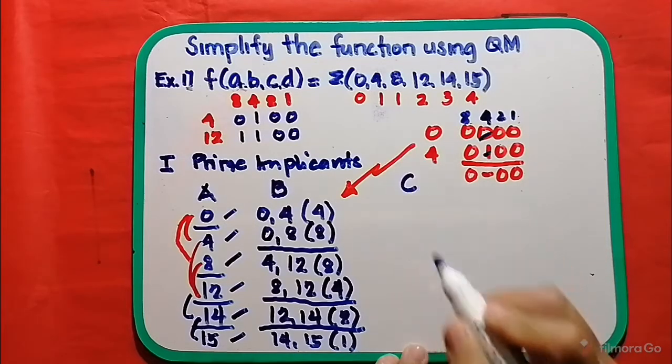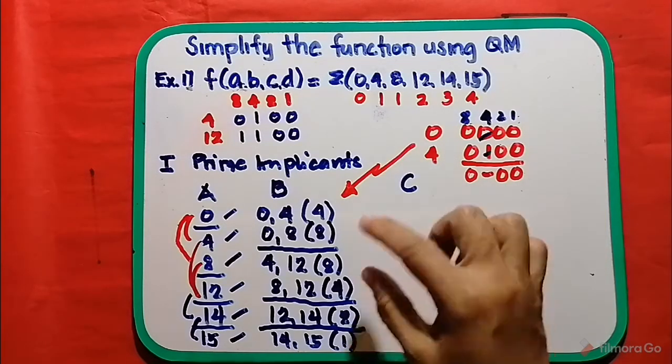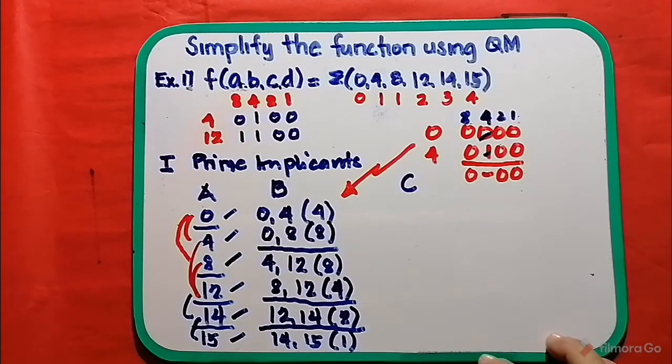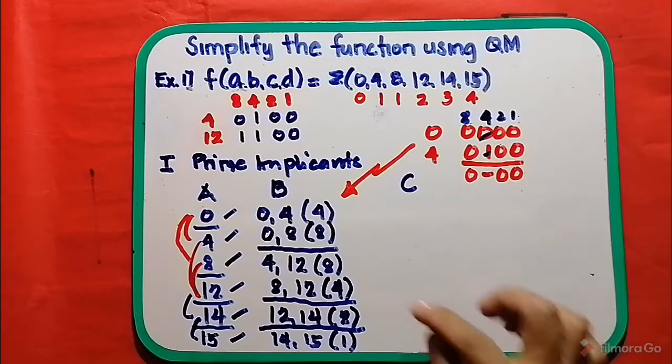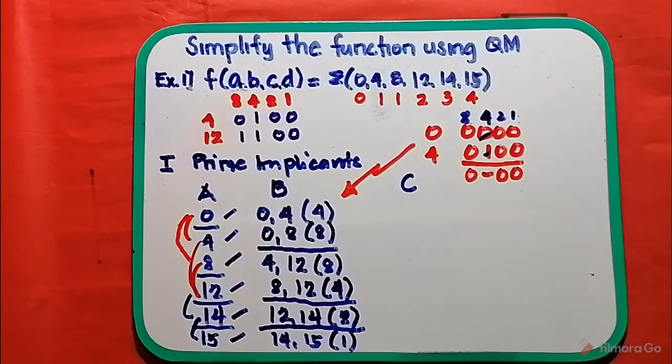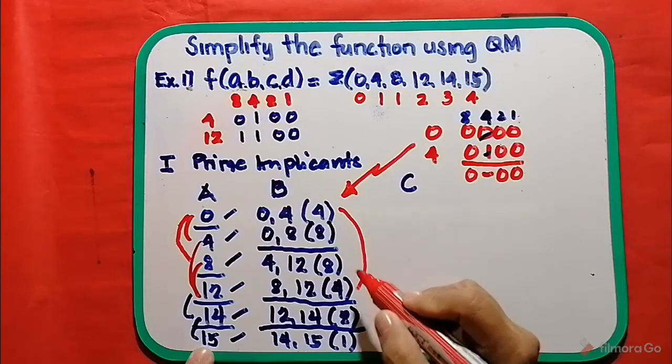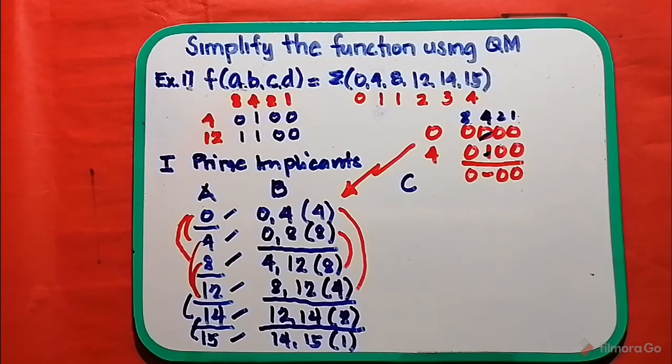To get column C, this time, we do not compare all implicants. We simply compare those set of implicants with same difference. Meaning to say, we will only compare these 4 here and 4 here, 8 and 8.